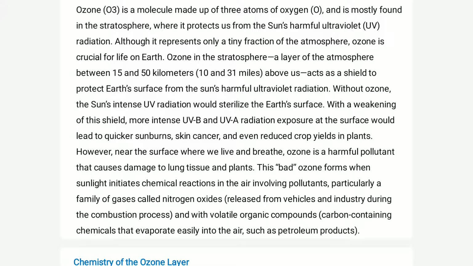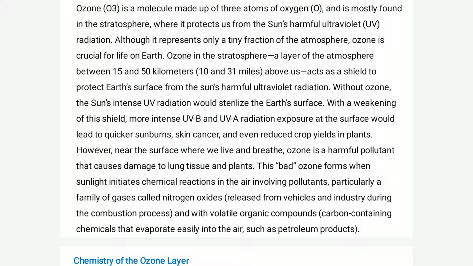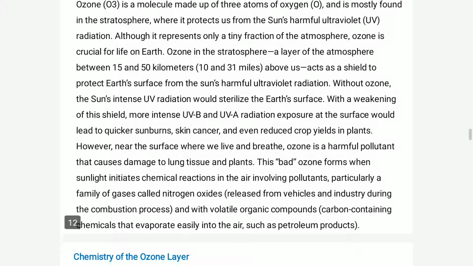This bad ozone forms when sunlight initiates chemical reactions in the air involving pollutants, particularly a family of gases called nitrogen oxides, which are released from vehicles and industry during the combustion process, and volatile organic compounds, like carbon-containing chemicals that evaporate easily into the air, such as petroleum products.